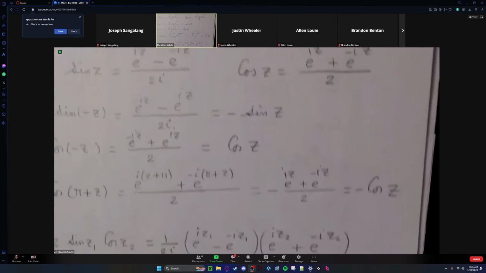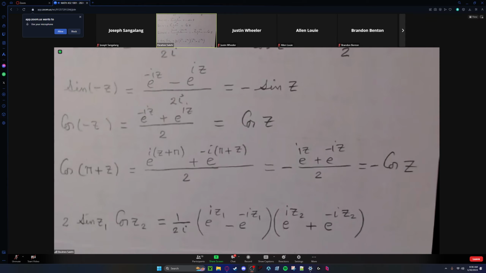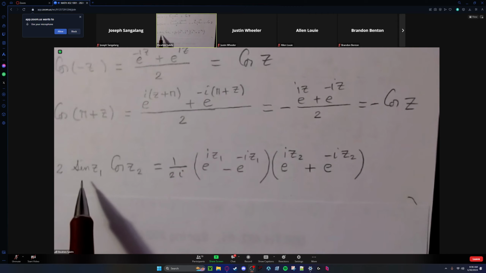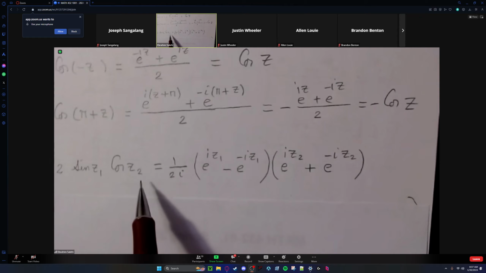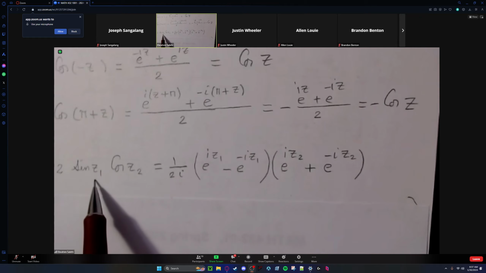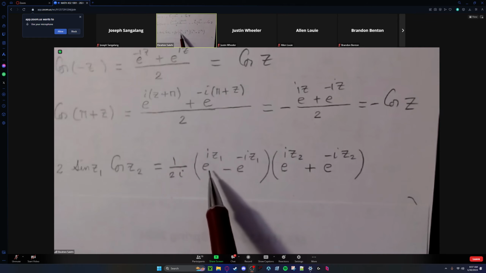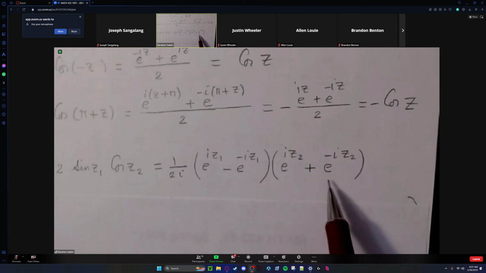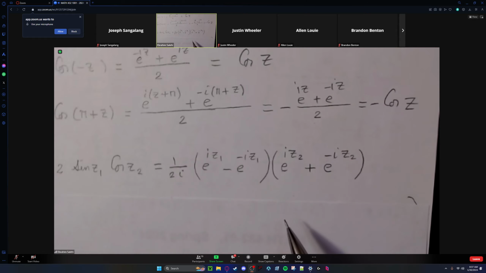Now, I want to form this product right here, this one. Sine of z1, cosine of z2. Well, sine of z1 is 1 over 2i times this. Cosine of z2 is this one divided by 2, but since I have this 2 here, that 2 cancels.